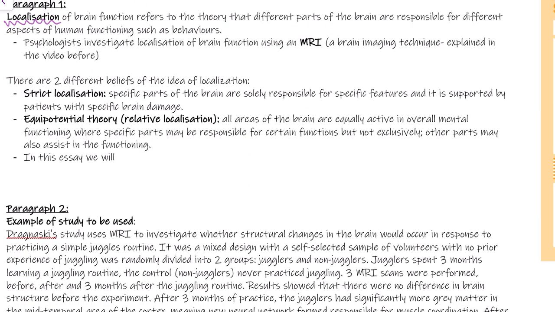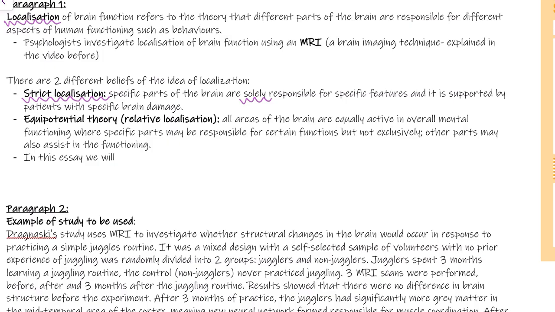There are two different beliefs about the idea of localization, and we should include and explain the two different theories. The first is called the strict localization theory, and it suggests that specific parts of the brain are solely responsible for specific features, and it is supported by patients with specific brain damage. For example, if a patient has damage in their occipital lobe, they might have problems with visual image processing.